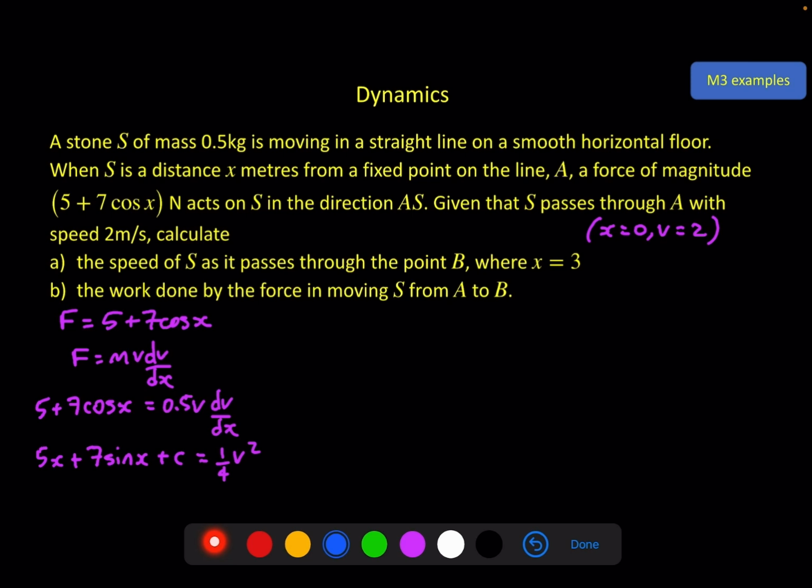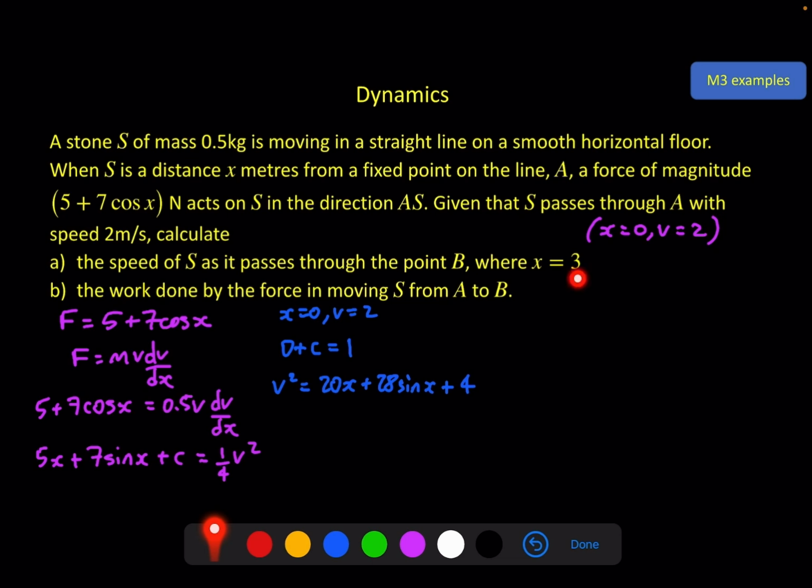Now we can put in our boundary conditions to find c. That gives us 0 plus c on the left and a 1 on the right. So if I put that in and multiply everything by 4 just to get rid of that fraction, we get v squared is equal to 20x plus 28 sine x plus the 1 for c times 4, plus 4. Now what do we need to find? We need to find the speed of S as it passes through the point B where x is equal to 3.